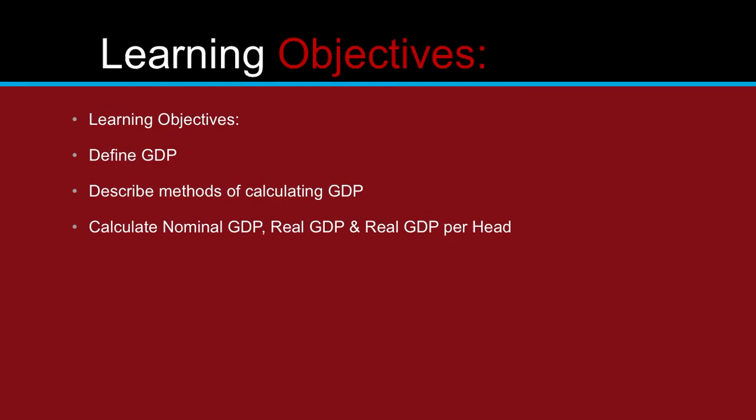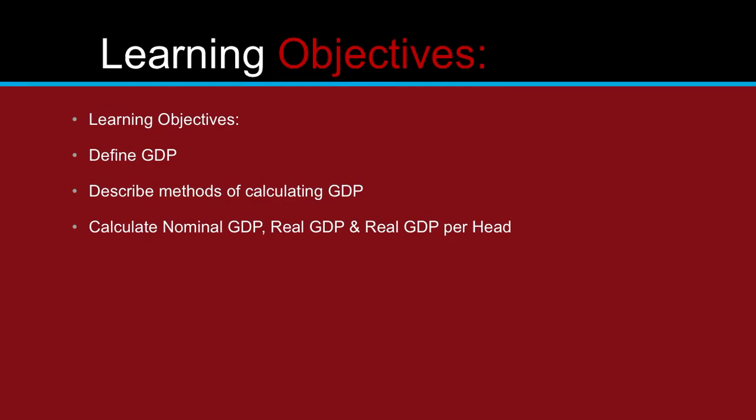By the end of this lesson, students should be able to define gross domestic product, known as GDP, and describe the methods of calculating GDP. There are three different approaches. The first is the expenditure method: GDP equals C plus I plus G plus net exports.